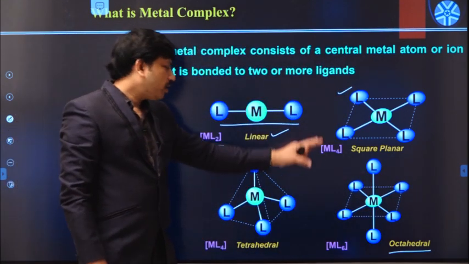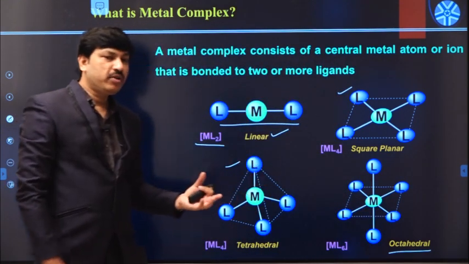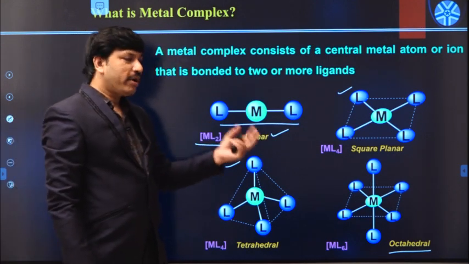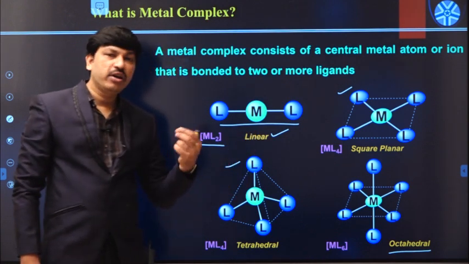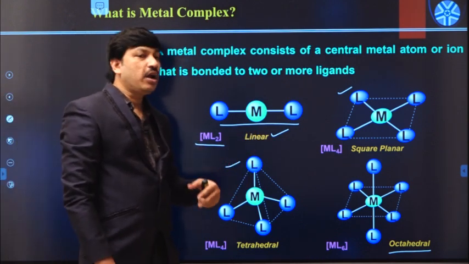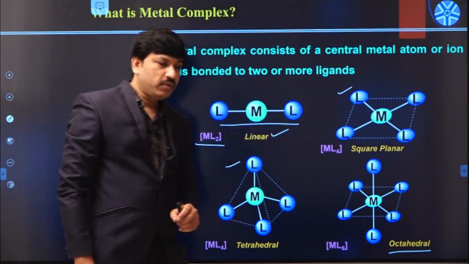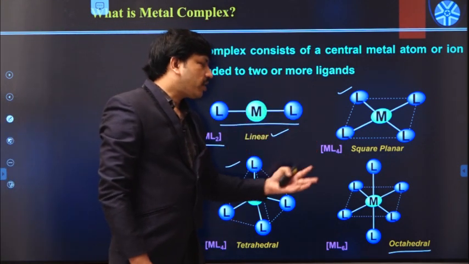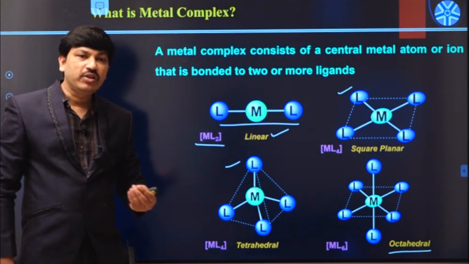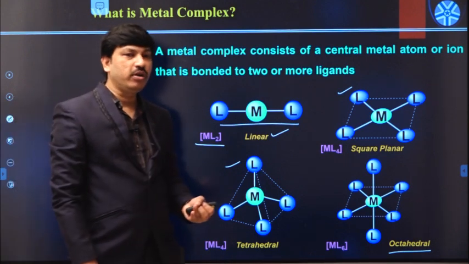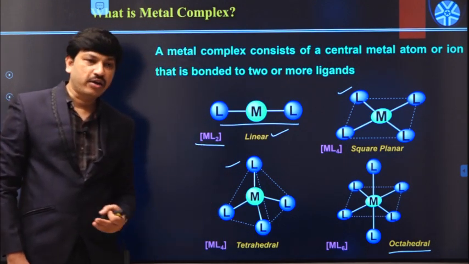So we have various geometries for the different types of metal complexes, and the geometry mainly depends on how many ligands are attached to the metal center, the nature of the metal center, and the nature of the surrounding ligands. Each type of metal complex has its own properties, like color, magnetic property, optical property, reactivity, or catalytic activity.